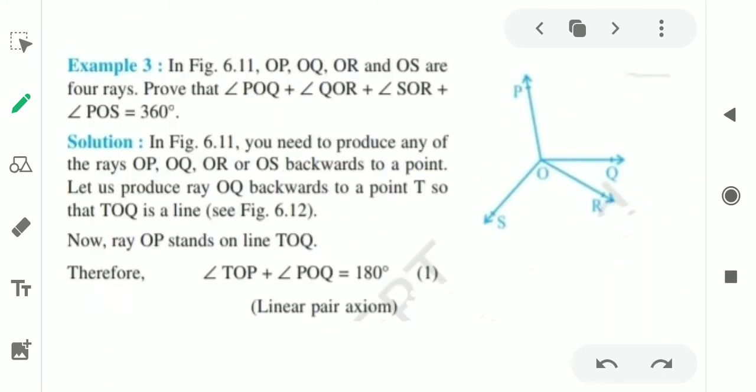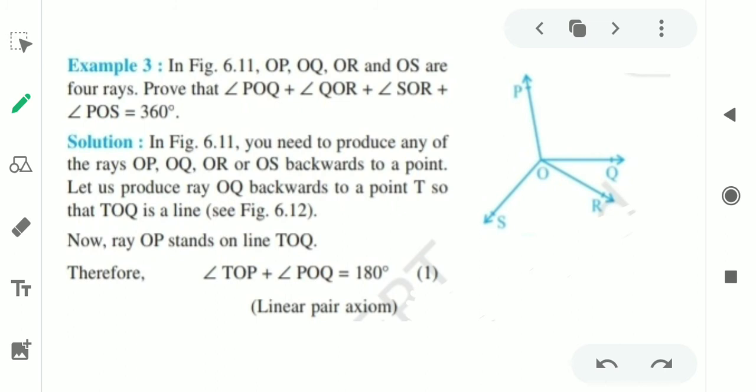Now example 3. In the figure, OP, OQ, OR and OS are 4 rays. Prove that angle POQ plus angle QOR plus angle SOR plus angle POS equals 360 degrees.